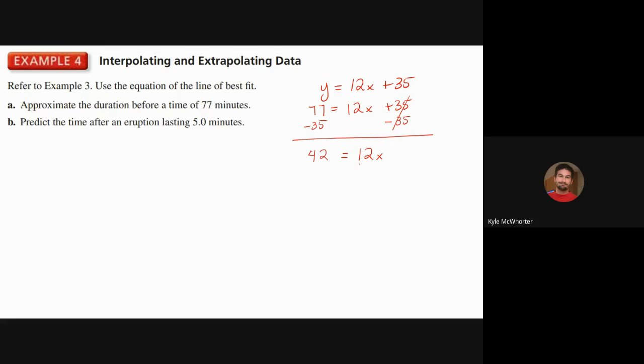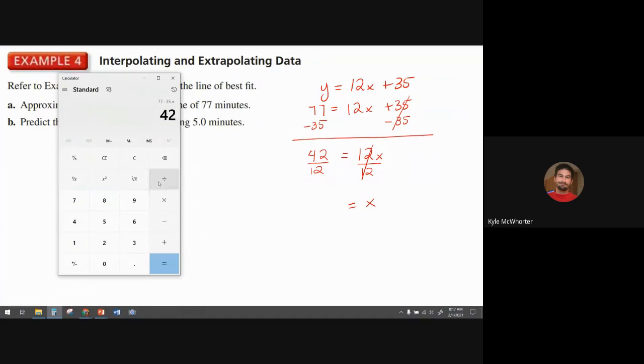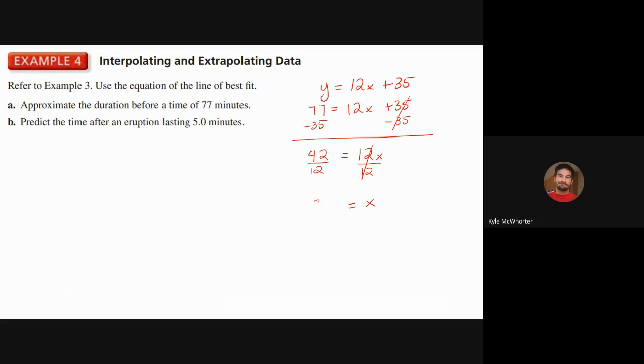And to get x by itself, we divide by 12. So 42 divided by 12 is 3.5. So the duration of the eruption before a 77-minute gap would be 3.5 minutes.